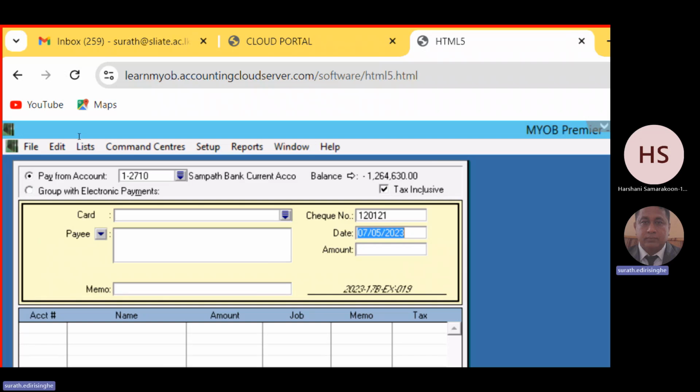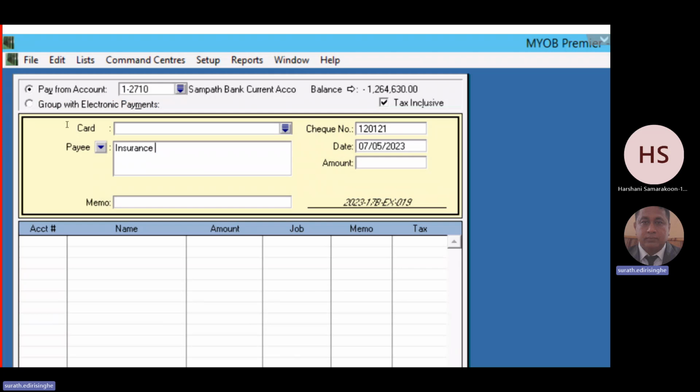Type here, what do you call that? Insurance, no? Insurance. Again, you can create the insurance vendor, like Sri Lanka Insurance company, as an expense vendor. Select from here. Continuously you are paying, no?